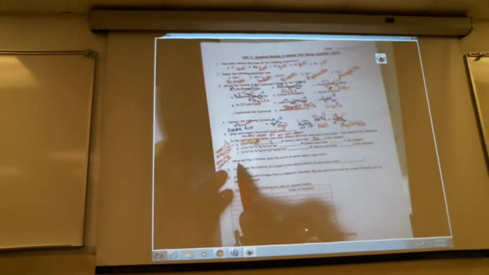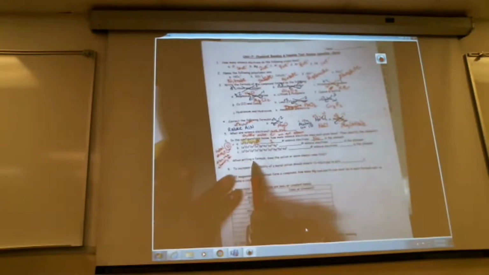Okay. The next one, number 7. When writing a formula, does the cation or anion always come first? Now, first, I'm going to put metals first. So is that the cation or is that the anion? Metals are going to be on the left side of the periodic table, and they are always going to have a positive charge.